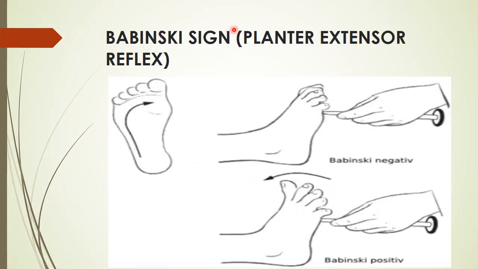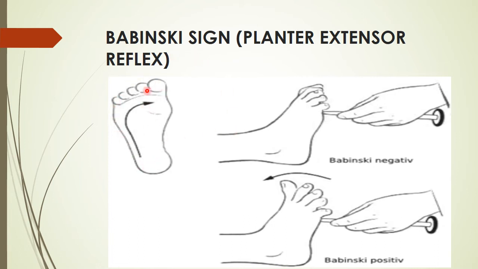Now this is the Babinski sign, also known as the plantar extensor reflex. The normal reflex is the plantar flexor reflex. So the Babinski sign, or plantar extensor reflex, is pathological. It is not normal. Plantar positive means Babinski sign present.